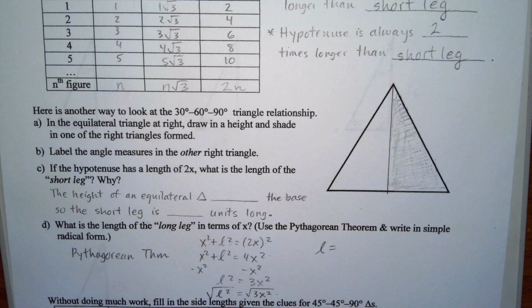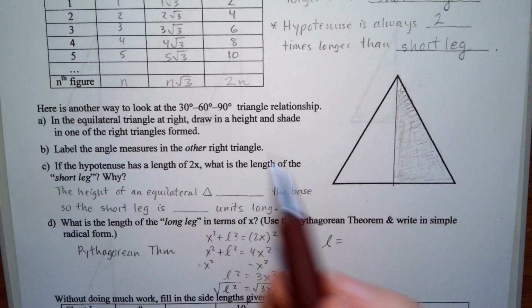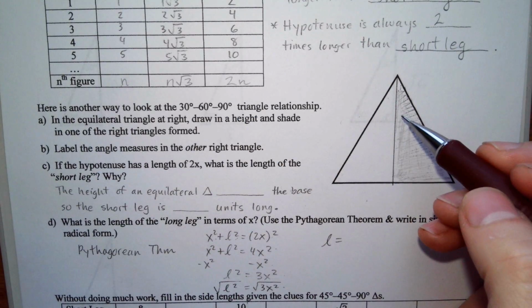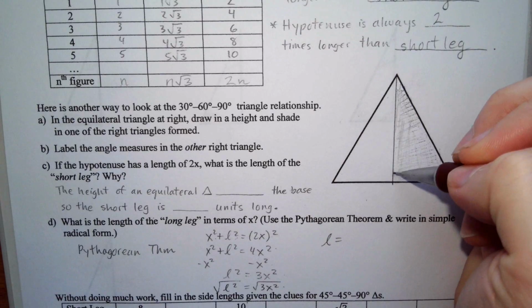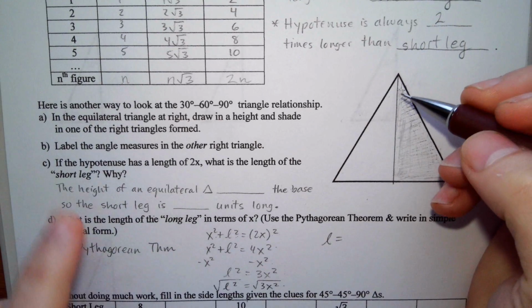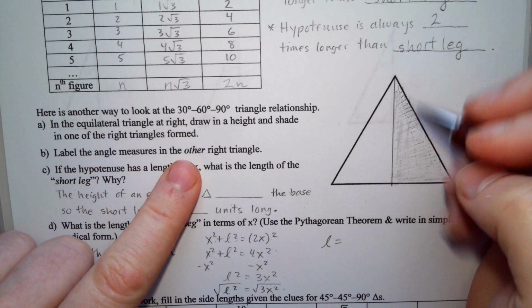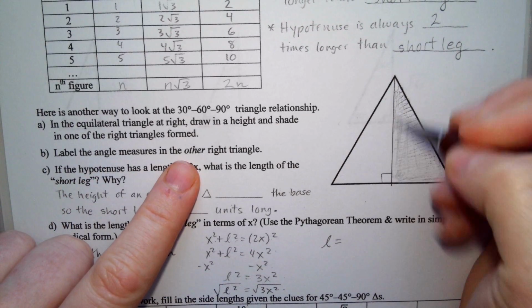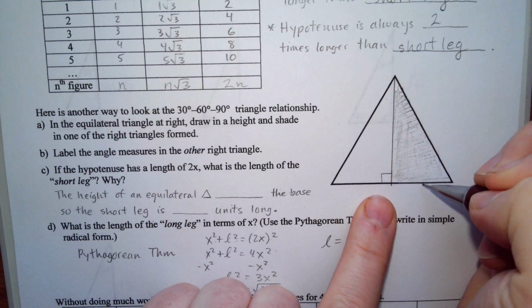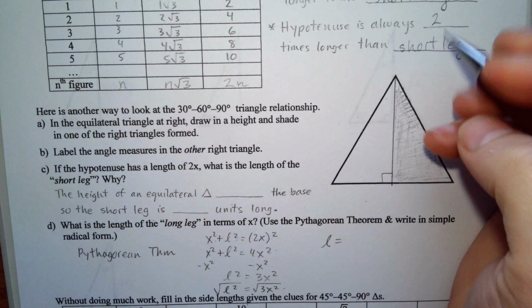A second way of thinking about this relationship of 30, 60, 90 degree triangles: you have an equilateral triangle. We draw on the height and shade in one of the right triangles formed, and then label the angle measures in the other right triangle. The height is perpendicular to the base, so that must be 90 degrees.